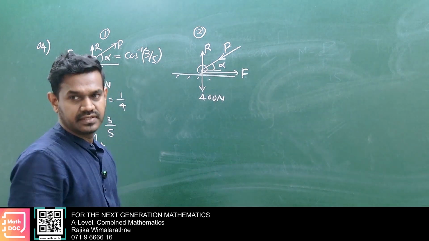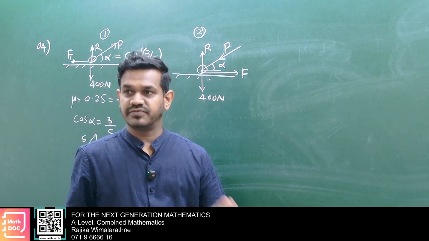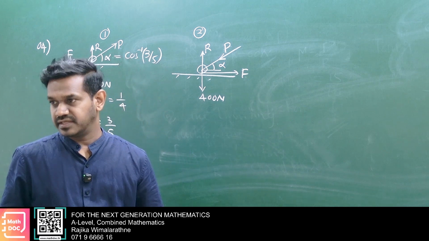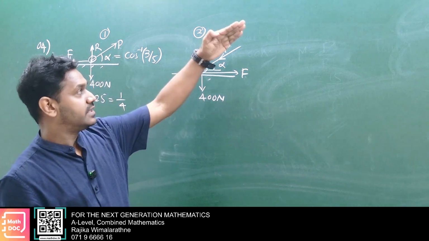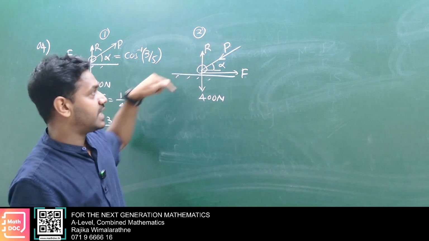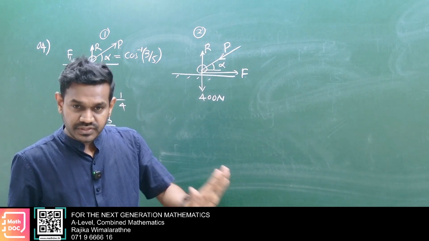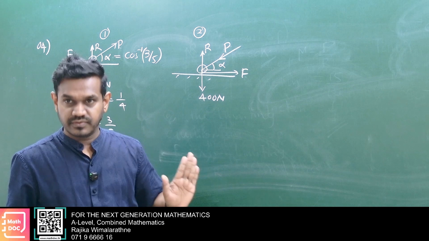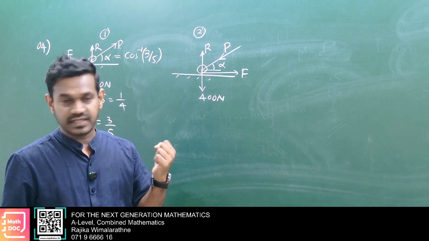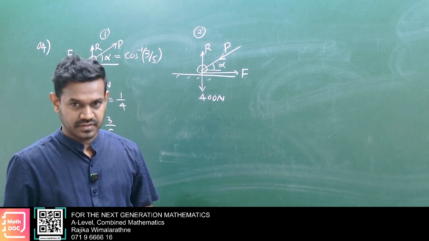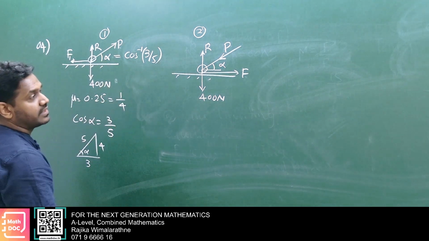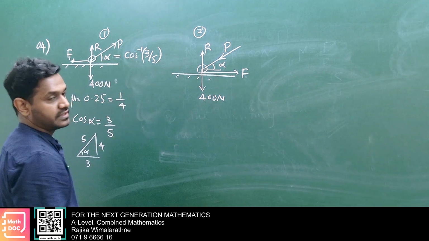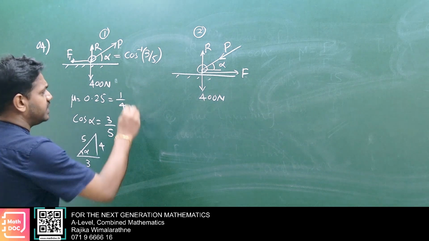The direction of the force is not given, so we can give P in two different directions. When you push, it's somewhat hard to move; when we pull, it is easy to move. But we have to discuss both.